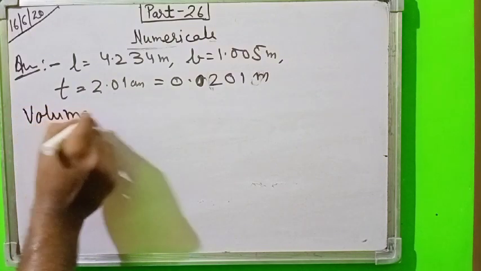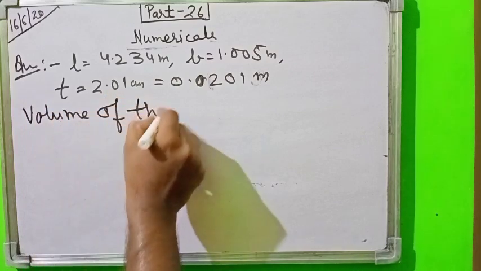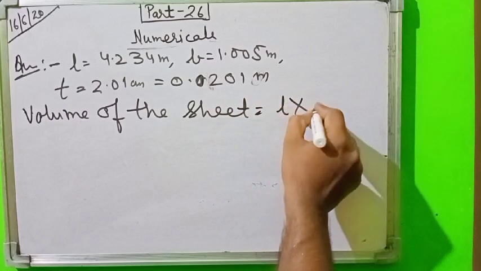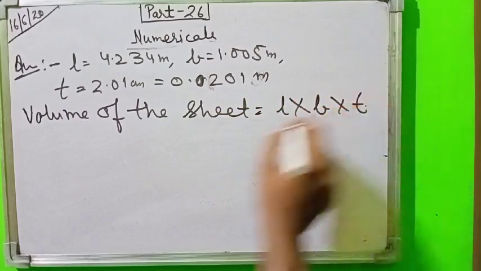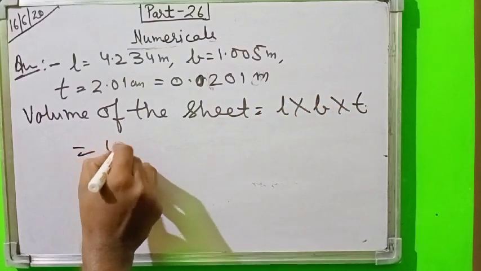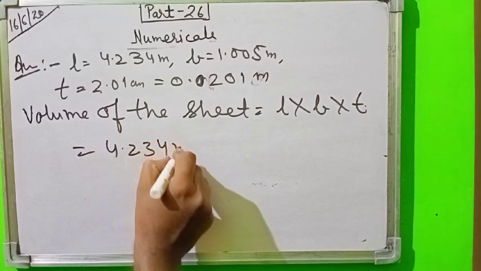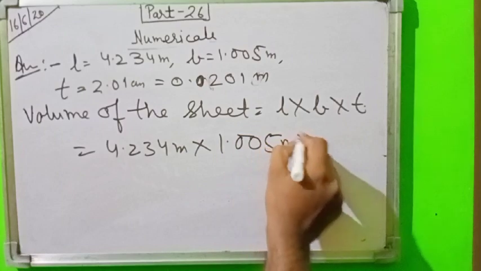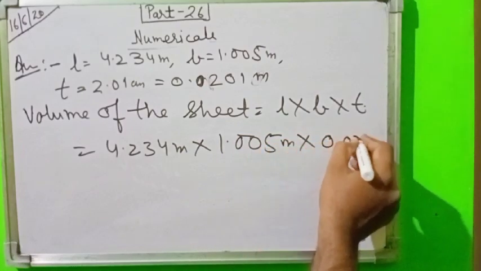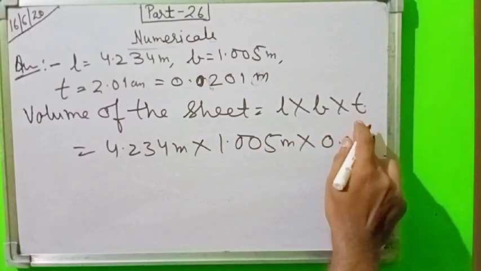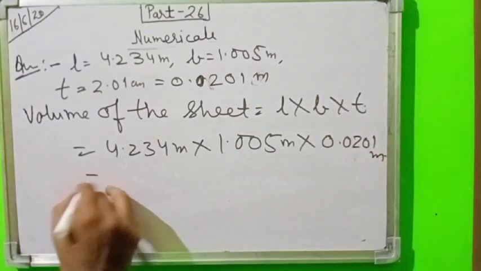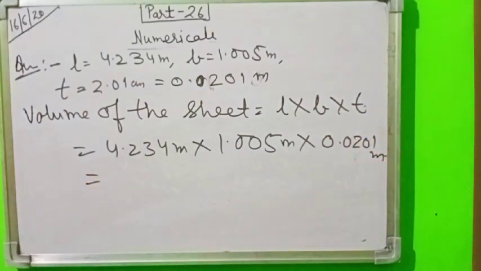Volume of the sheet is equal to length into breadth into thickness. Length is 4.234 meter into breadth 1.005 meter, and thickness is 0.0201 meter, and we will get the result.